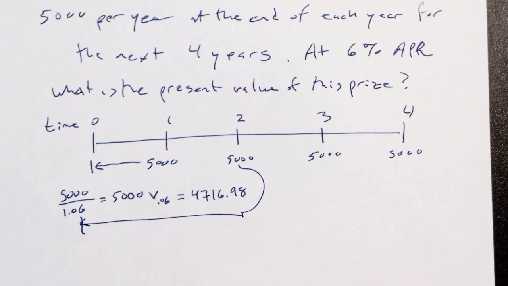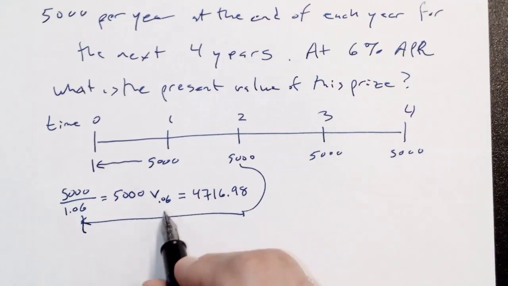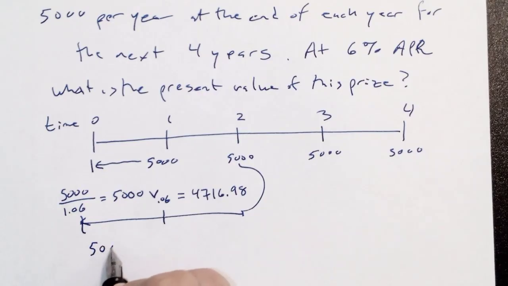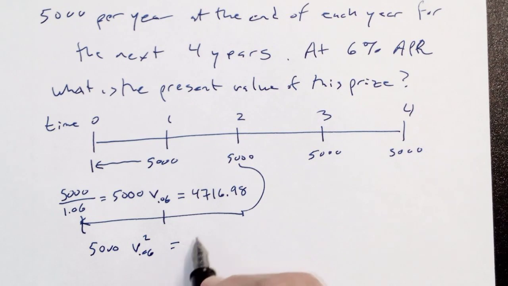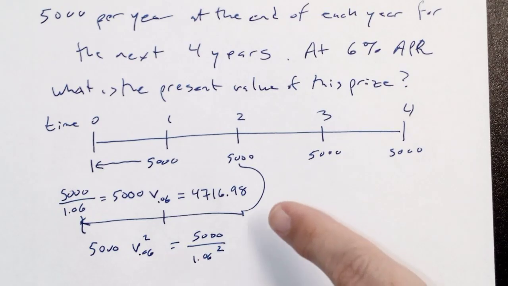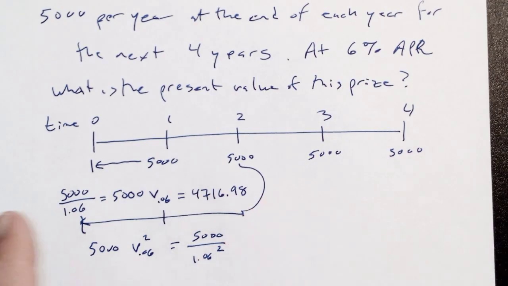back to today, I've got to come back 2 years. So this time, it's 5,000 v 0.06 squared, or 5,000 over 1.06 squared. So I have to divide by another 1.06, because I'll earn interest if I leave the money in the bank. I'll earn interest at the end of year one on this much, and that'll bring it to $5,000. But here I'll earn interest not just at the end of year one, I'll also earn interest at the end of year two.